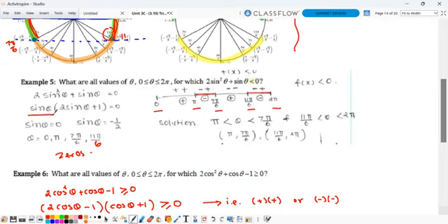Then you have to check the sign of these two factors. Okay, so I'm using different color. Sine theta between 0 and pi is always positive, and between pi and 2 pi is always negative. So check the color. Red color is for this factor. I'm using a different color. This is the blue color factor.